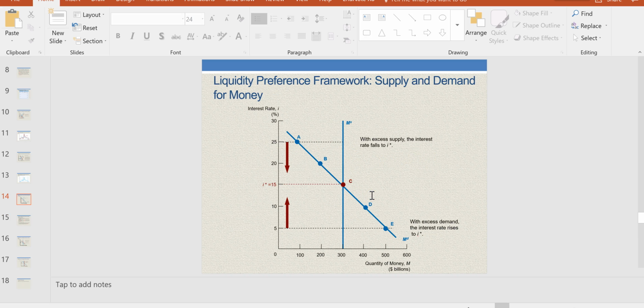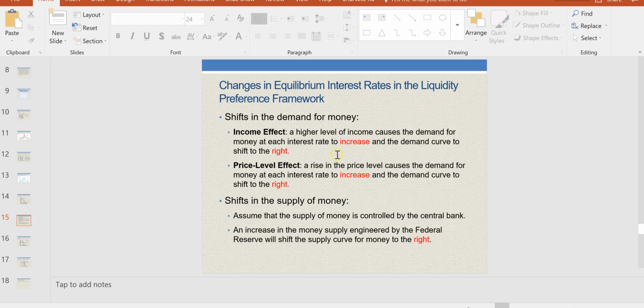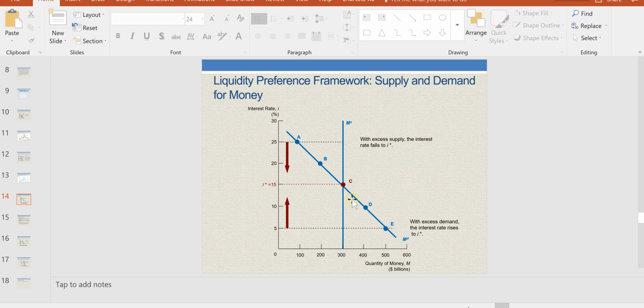But it could also be the other way around, right? Lower income could also lower the demand for money and shift the demand curve to the left. So both ways could happen. If money demand increases, the equilibrium interest rate, originally here, will move once you shift the demand curve to the right.